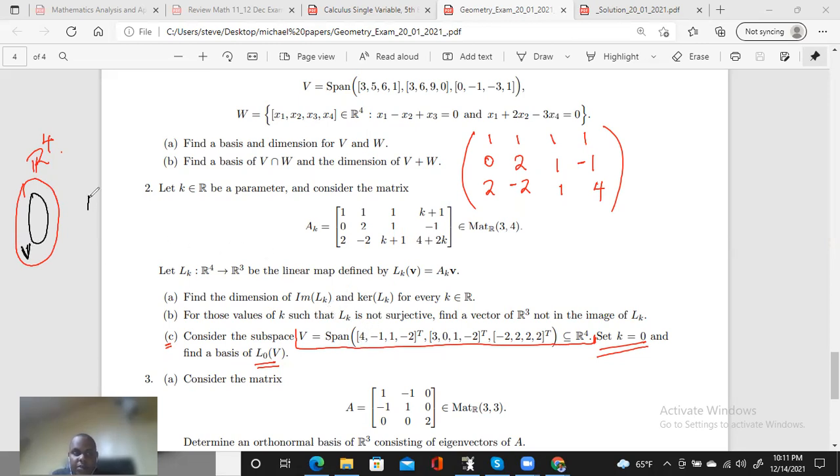So they want us to use L as a function and map this V into R3. If we map it into R3, we are going to get its image inside here. And this is the image they are calling L0 of V.